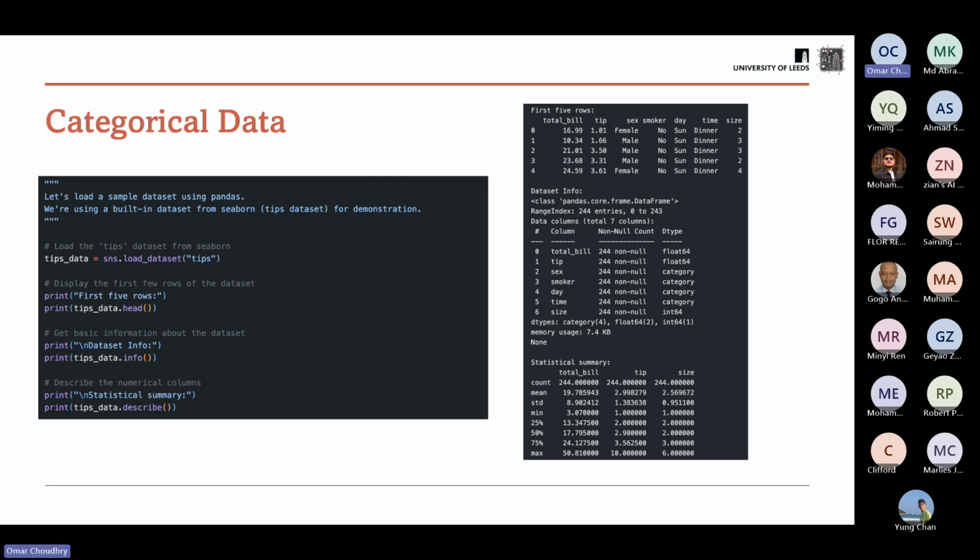So instead, you would have 7 new columns: Monday, Tuesday, Wednesday, Thursday, Friday, etc. And you'd have either a true or a false for each of them. So if it was a Wednesday, you would have a false in every column, except for a true in the Wednesday column. And that way we can deal with this categorical data.